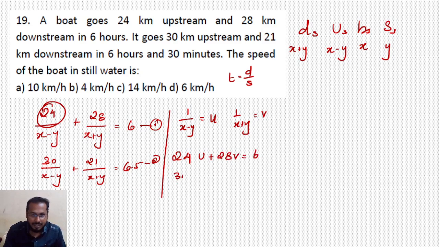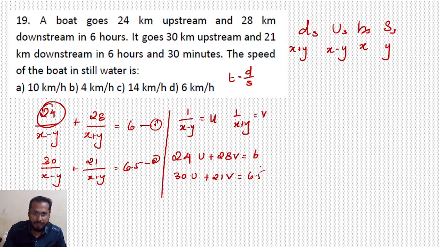And the same, 30u plus 21v is equal to 6.5 hours, or 13 by 2. This is one equation, that is another equation. Now we're going to solve.